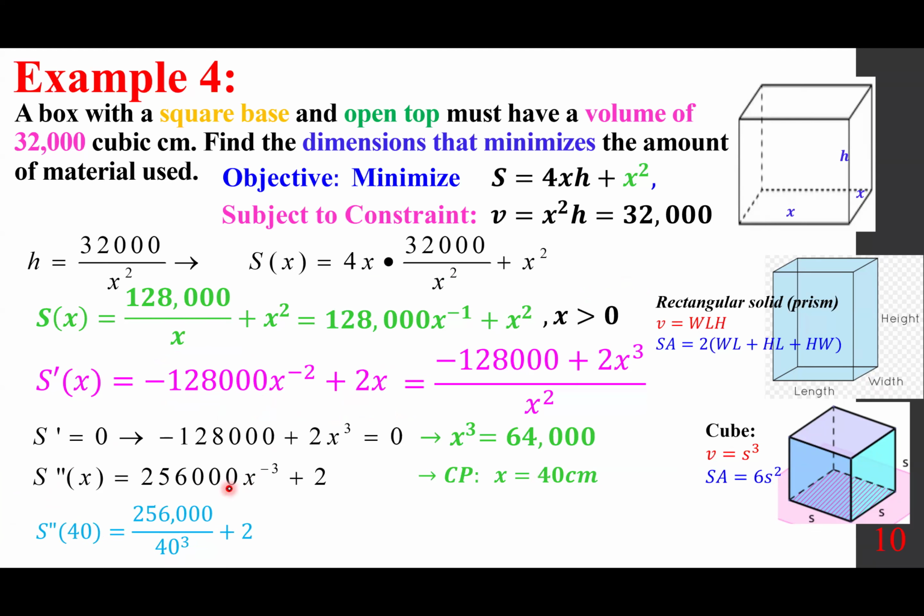Even if you don't know what the answer is, you know this is positive, plus 2 is even more positive. The answer is positive, because we are interested in the sign. Positive means concave up. Concave up looks like that, which results in the minimum. So the minimum occurs when x is 40, everybody.